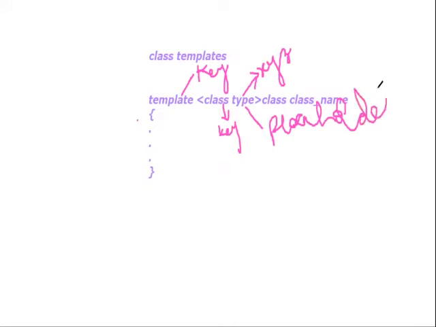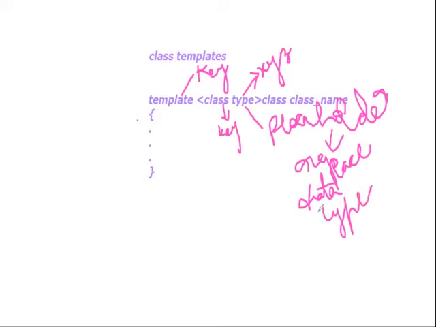A placeholder is nothing but it will be replaced with a data type.